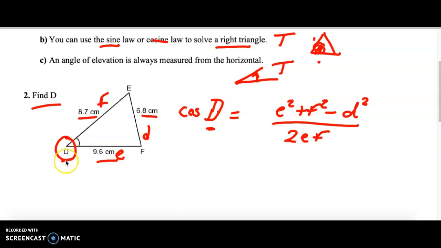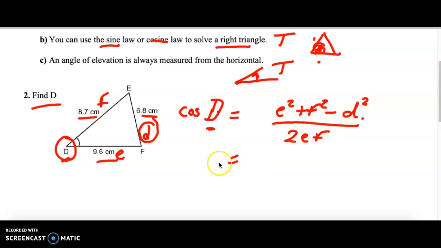I'm using this angle D, so the associated side is little d, and E and F go here and here. You could swap these out. This could be F squared plus E squared minus D squared, and this could be FE. It doesn't matter, but it does matter that you have that D squared here.